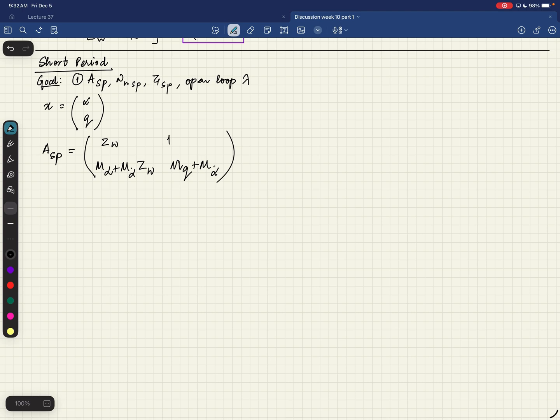Another thing I have tried to do here is provide the relations. M alpha is not given to you. M alpha dot and everything else is given to you, but what is given to you is MW. How are you going to convert it to M alpha? Divide by U0.